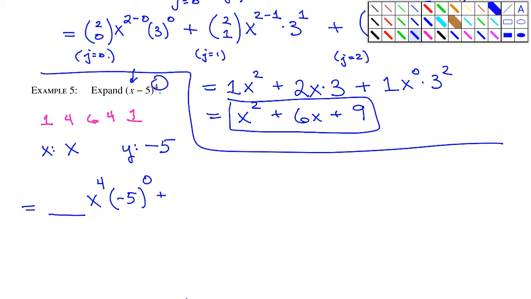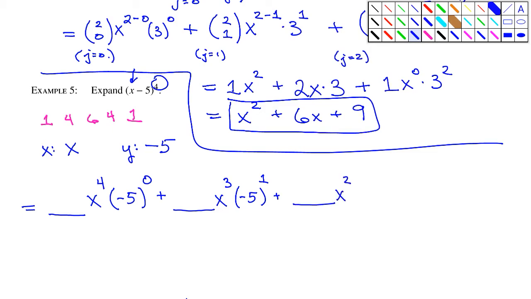Plus, then we'll have another blank that we'll fill in here in a second. And then this would be x cubed times -5 to the first. Again, we go down by 1 power and up by 1 power on the other one. Next, we have a blank.